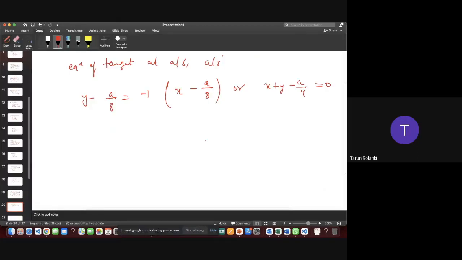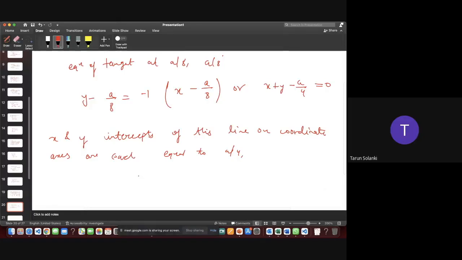So x and y intercepts of this line on the ordinate and abscissa axes are each equal to a by 4.